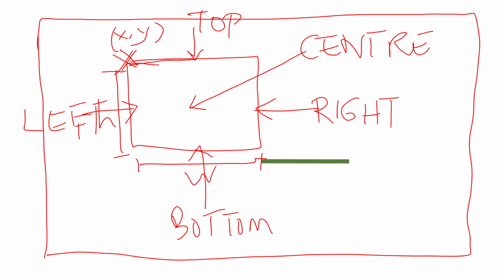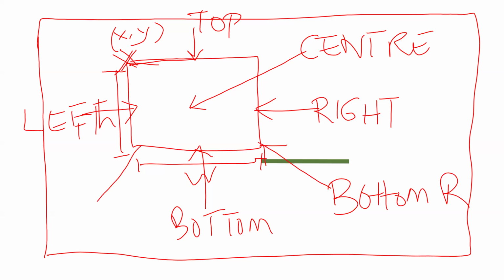And as if that's not exhaustive enough, it now has 4 other elements, which I'll point out to you quickly. This is the lower right corner, or the bottom right corner. It can recognize this corner as bottom left.